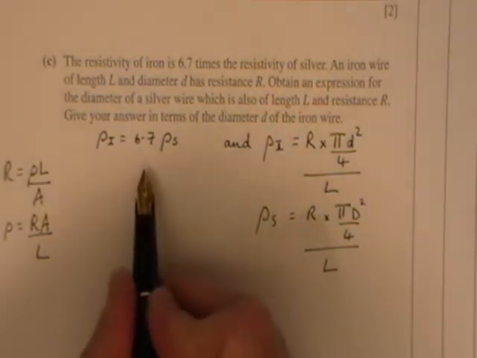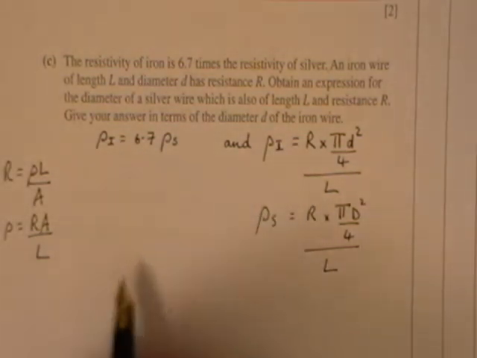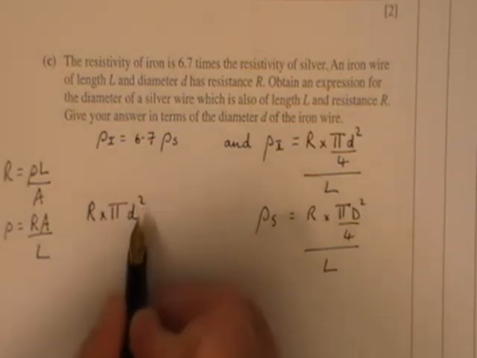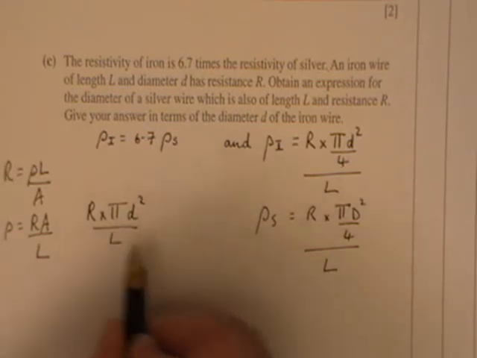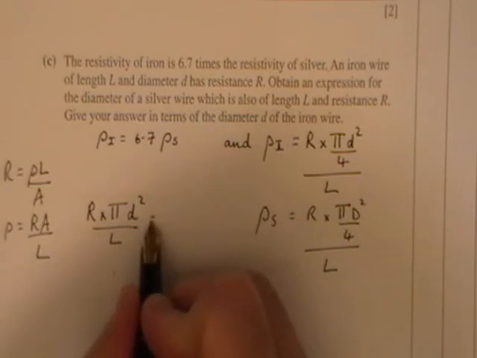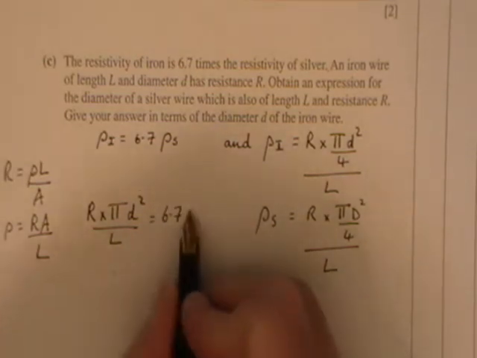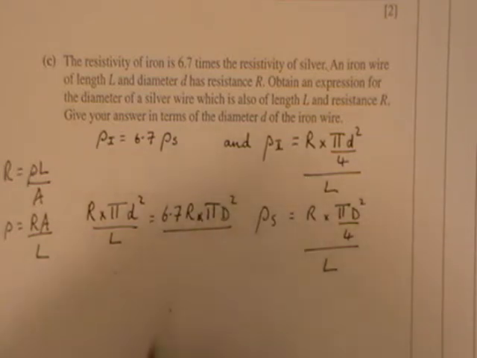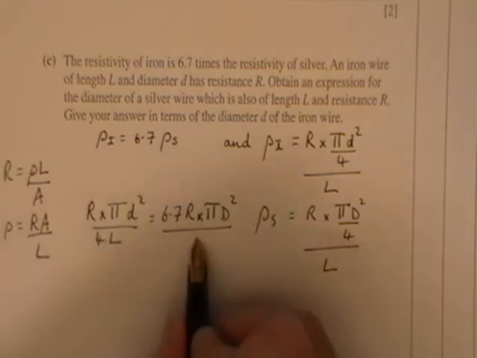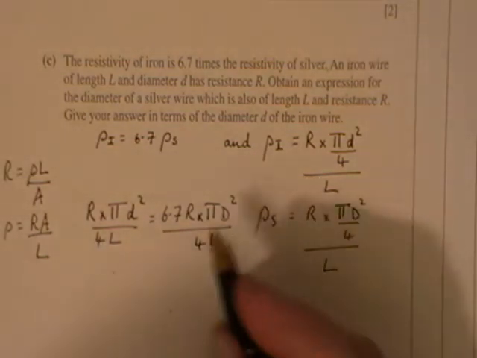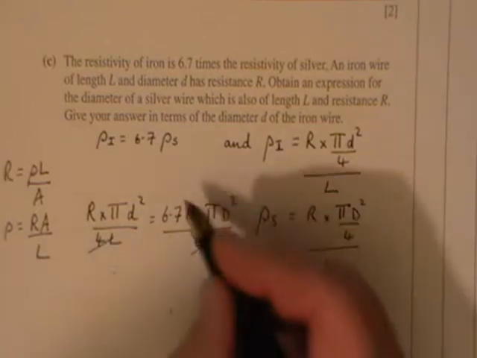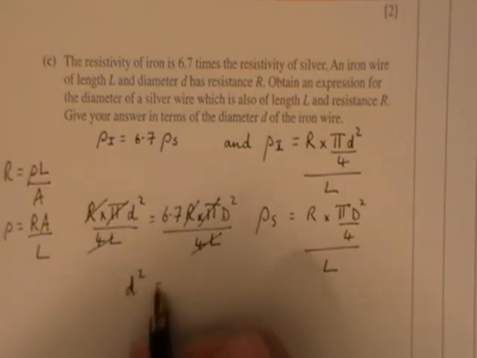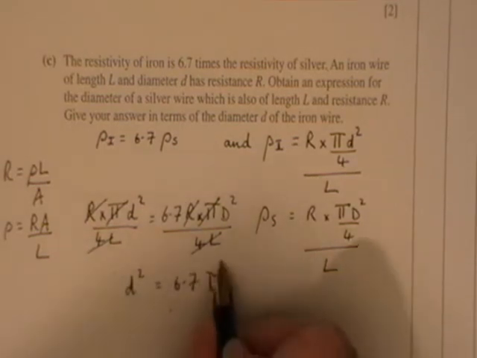So now what I can do is go back up to this expression here, and I'm saying that R times pi small d squared over L, that's for the resistivity of iron, is equal to 6.7 times R times pi big D squared, so that should be over 4L. The 4L cancels, the pi cancels, and the R cancels, so I've got that d squared is equal to 6.7 times D squared.